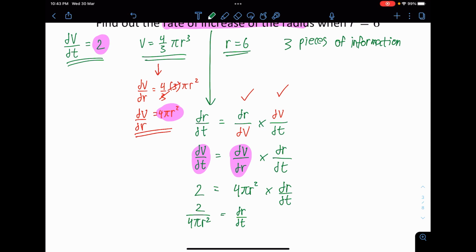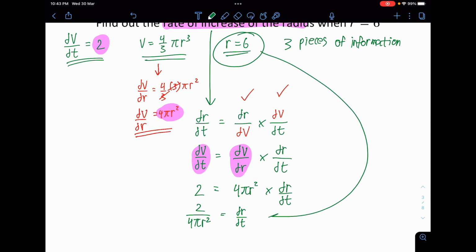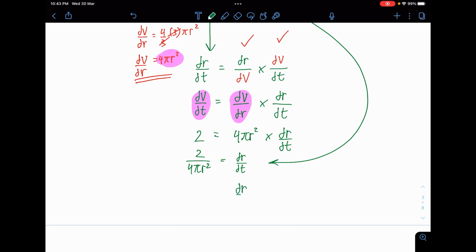This is where the last piece of information is actually going to be helpful. R equals 6. This number exists so that you can substitute into the final expression. So then I got dr over dt equals 2 over 4 pi multiplied by 6 power of 2. Simplify this and you'll get the answer.